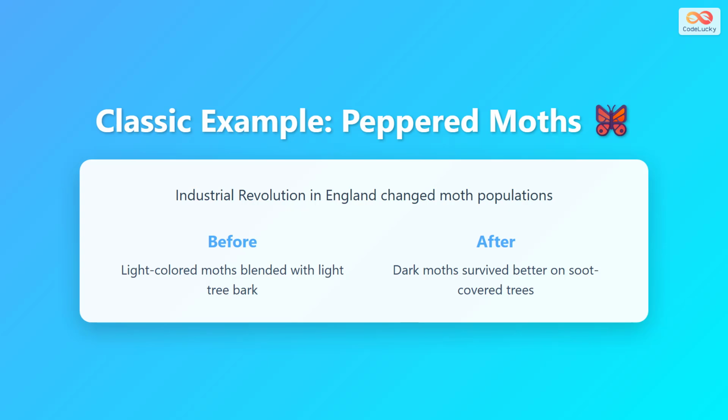However, after pollution darkened the trees, dark-colored moths had the advantage. They were now camouflaged against the soot-covered bark, while light moths stood out and were easily eaten by birds. Within a few generations, the population shifted dramatically, and dark moths became the dominant form. This demonstrates how environmental changes can rapidly alter which traits are advantageous.